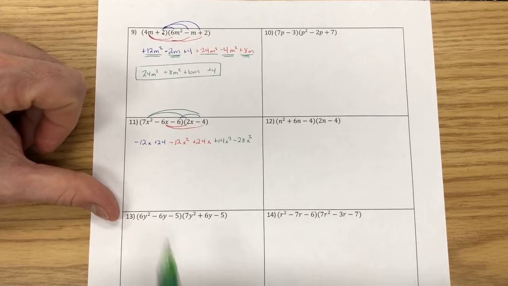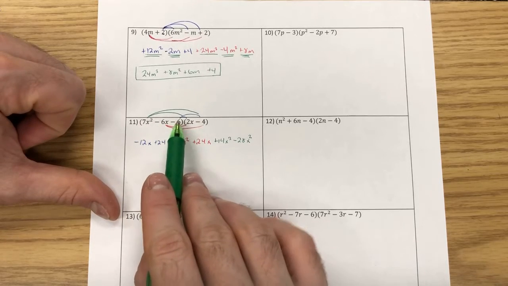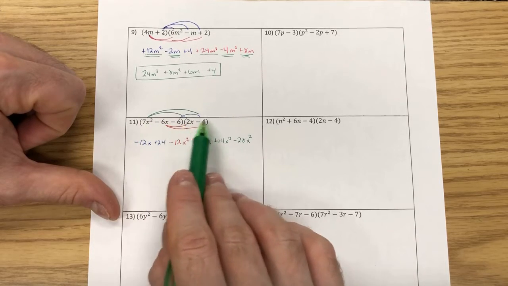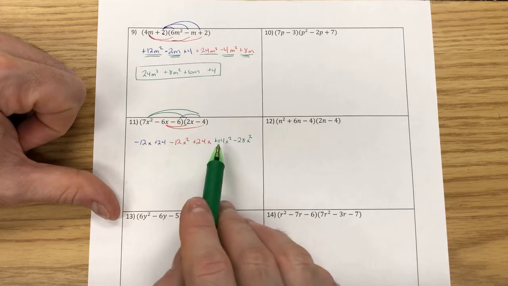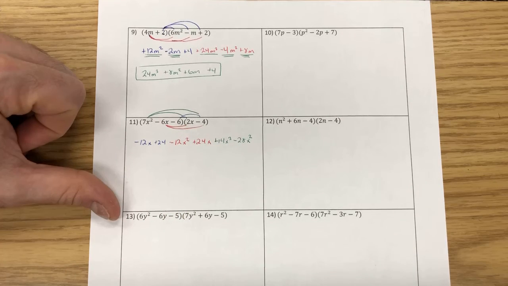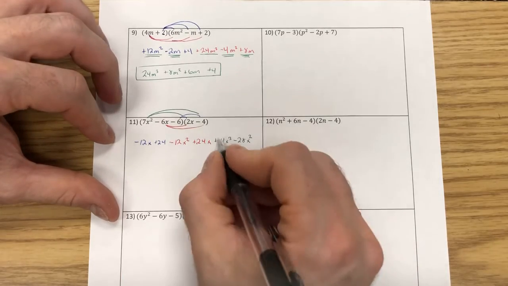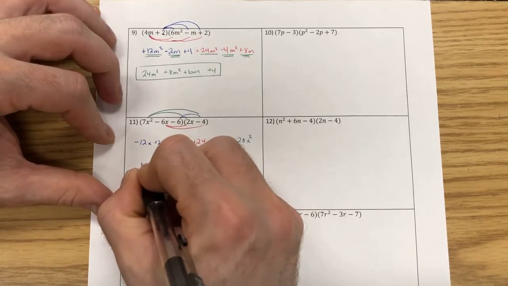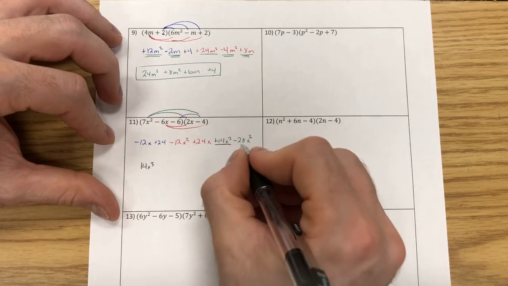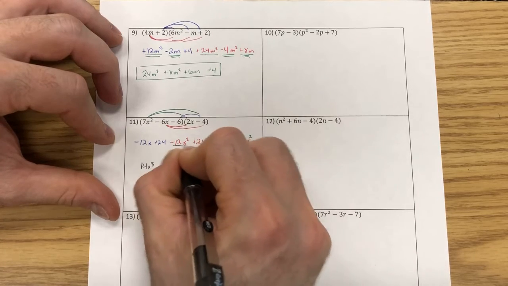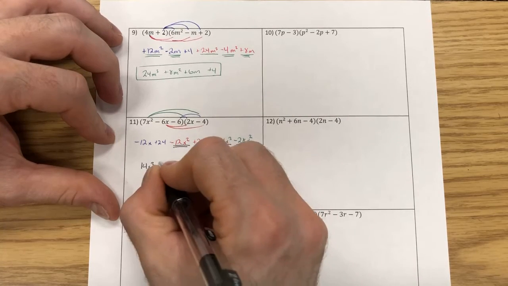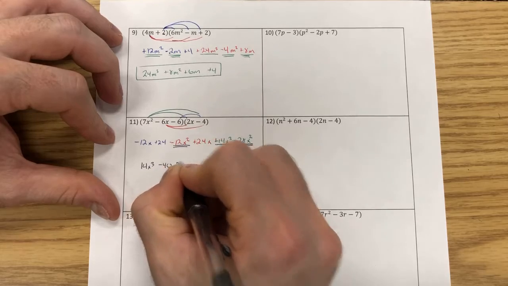And so albeit I had 3 terms, I need to distribute 3 numbers to 2, so 1, 2, 3. And so when I combine my terms, I start with the highest exponent of a 3, 14x cubed. Move down to the x squareds. Negative 28, negative 12 give you negative 40.